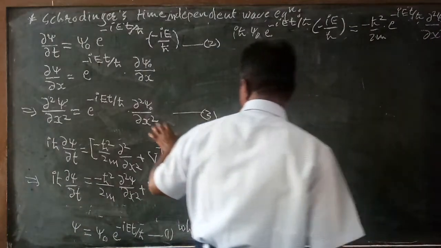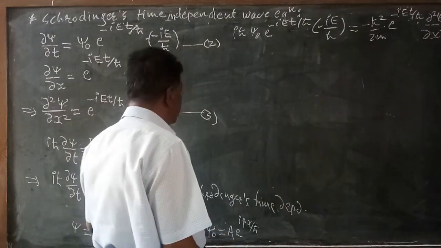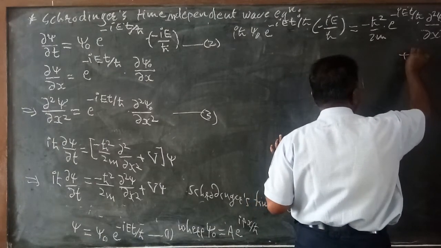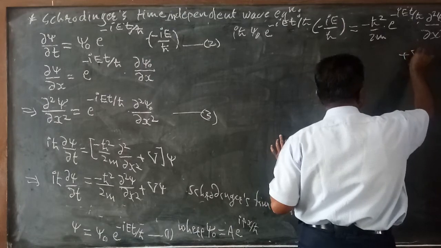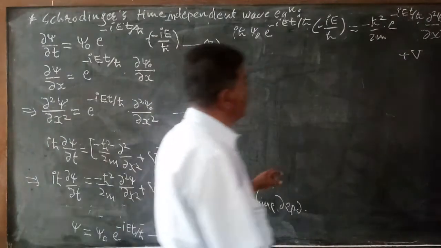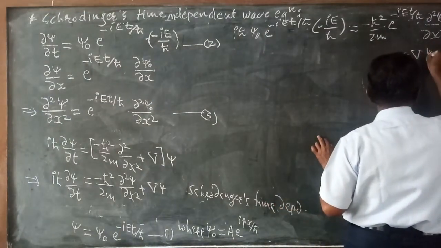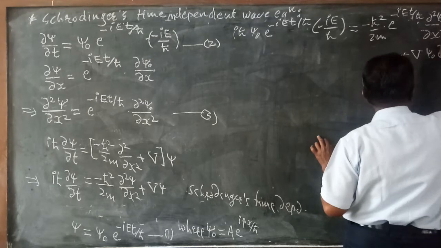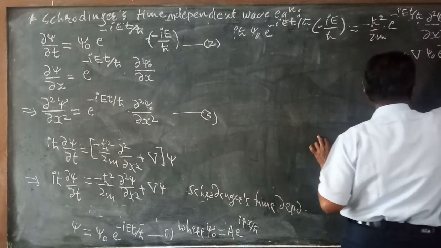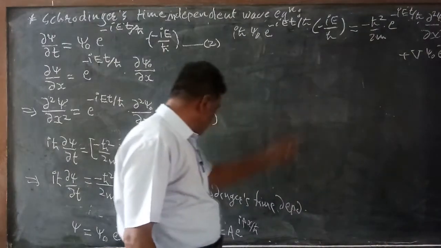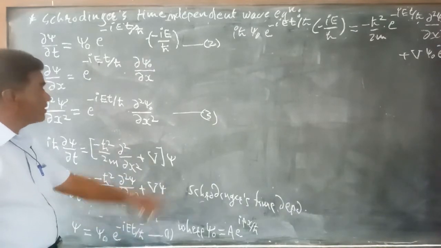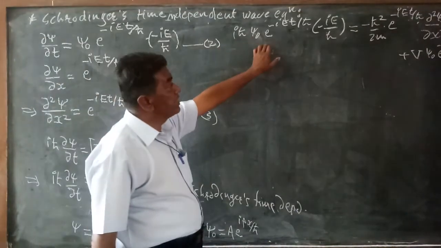And again plus V psi, so plus V as it is, and the value of psi we will write from equation number 1. So here is psi 0, e to the power minus iEt divided by h cut. So from putting the values of d psi by dt, d square psi by dx square, and psi from equations 1, 2 and 3, we are getting this equation.